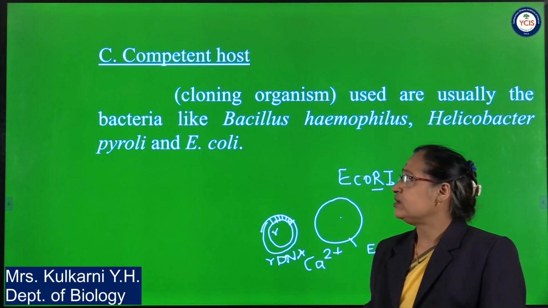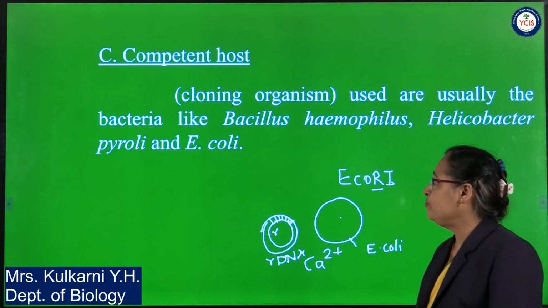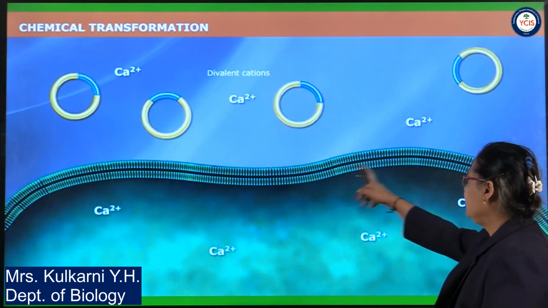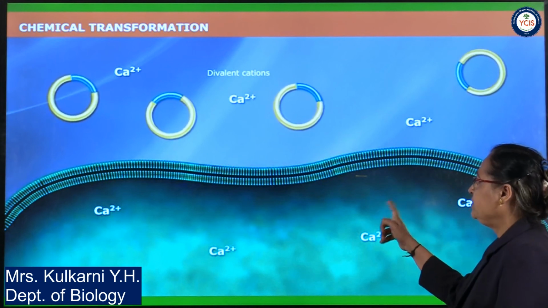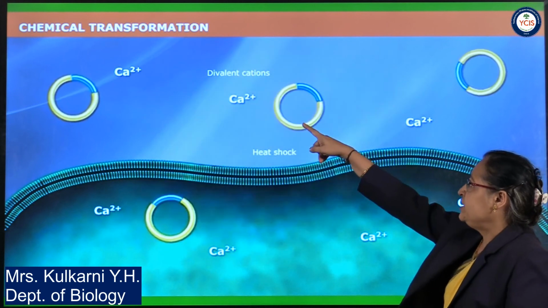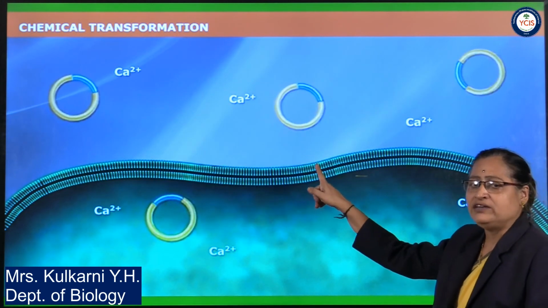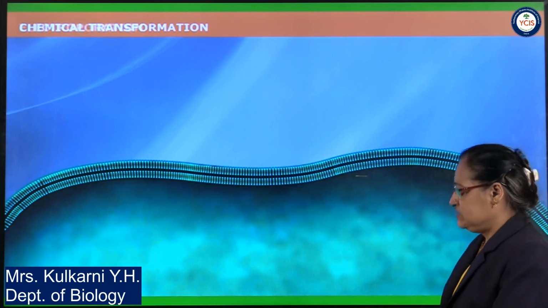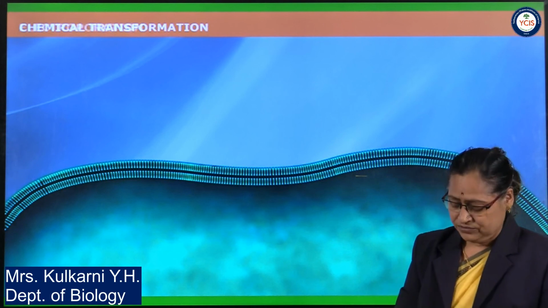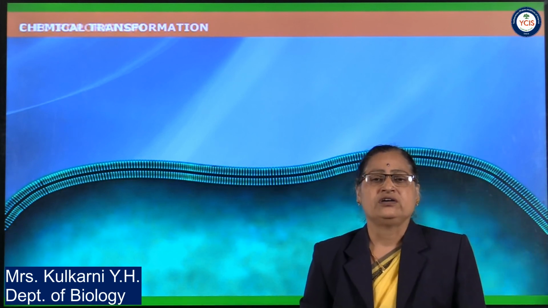So see how this cell is made competent. See here, this is the bacterial cell wall, and it has been made competent. It is treated with divalent cation, then pores are formed, and through this pore, this DNA is inserted inside this E. coli bacteria.